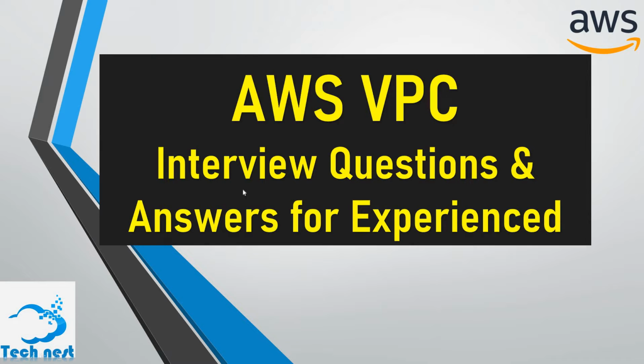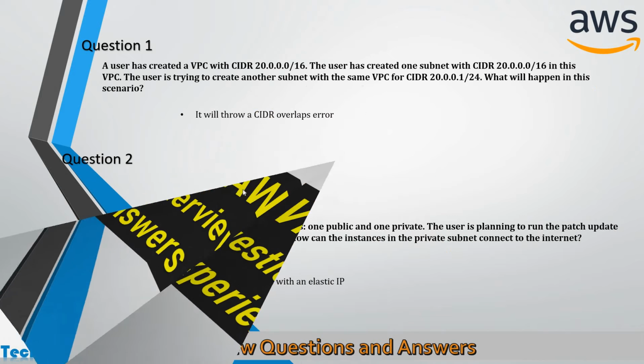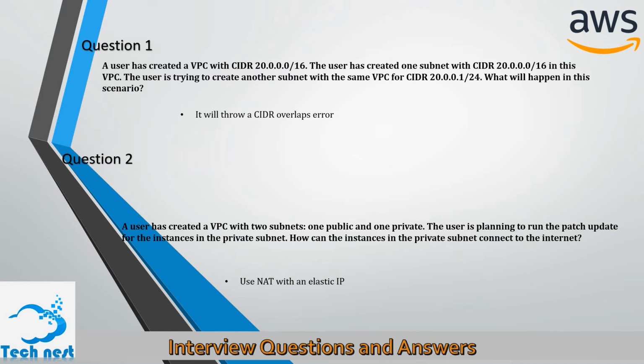Okay, let's move on to the first question. A user has created a VPC with CIDR 20.0.0.0/16. The user has created one subnet with CIDR 20.0.0.0/16 in this VPC. The user is trying to create another subnet in the same VPC with CIDR 20.0.1.0/24.